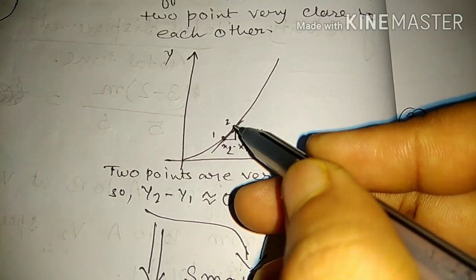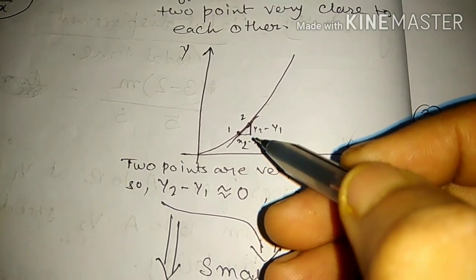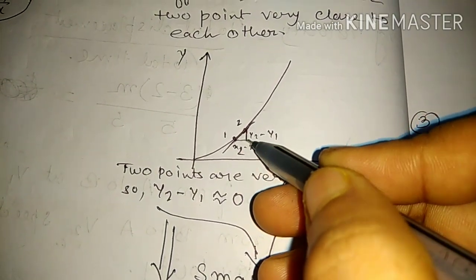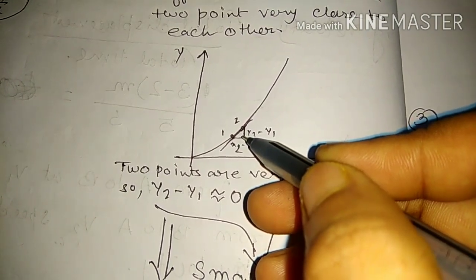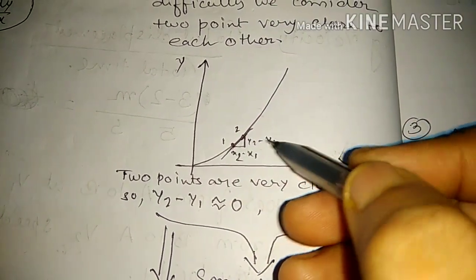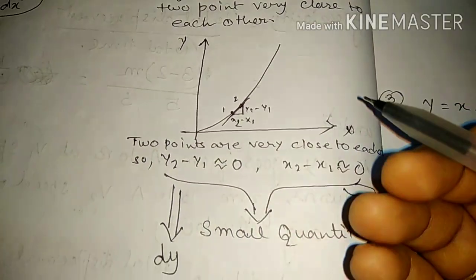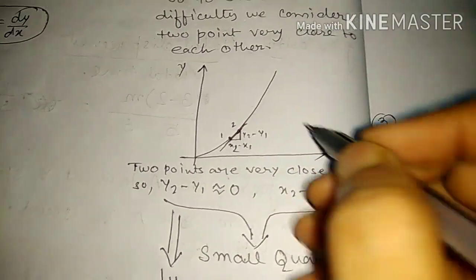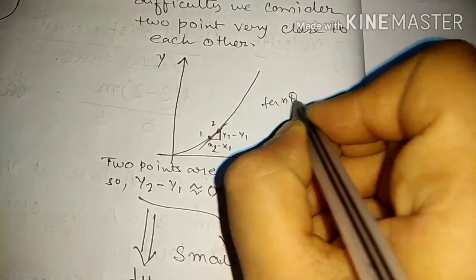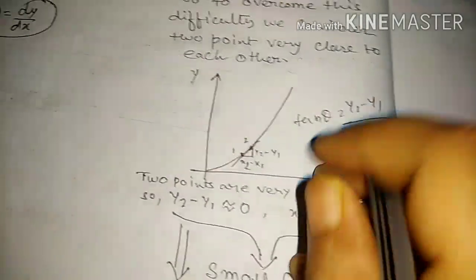So how can we find out tan theta? This is the base, this is the perpendicular. So the value is y2 minus y1, and the base is x2 minus x1. So we can write that tan theta equals y2 minus y1 by x2 minus x1.